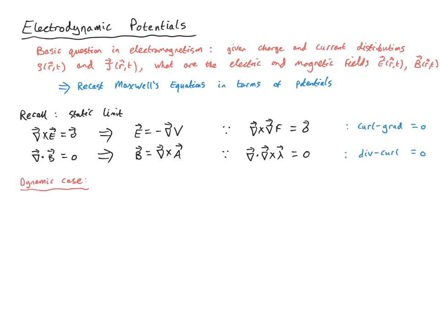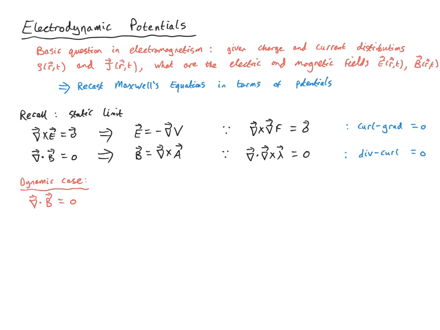Things are a little bit more complicated, however, in the dynamic case. Whilst we still have that the divergence of the magnetic field is equal to 0, this is basically saying that there are no magnetic monopoles. At the time of writing, this is what we believe.